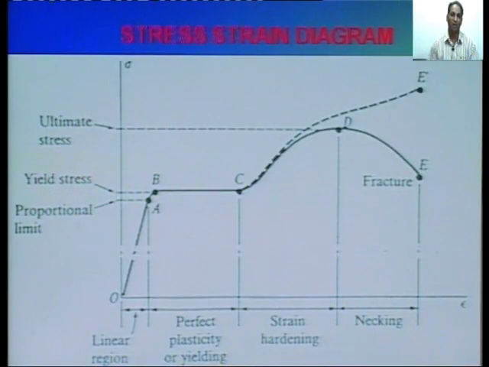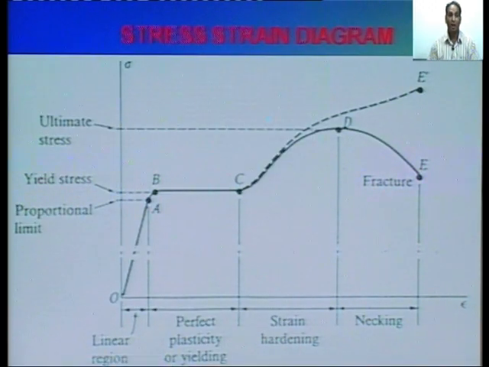O is the point where the two axes of stress and strain meet, where the graph originates. In this stress strain diagram, from O to A the curve is a straight line.